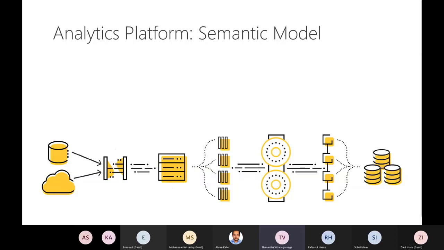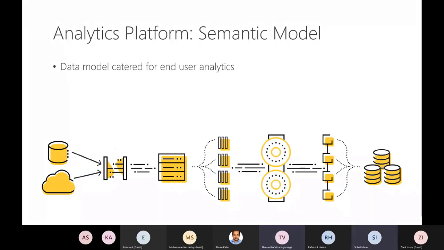Moving into the semantic model of an analytics platform, a semantic model is a data model that is used for analytical purposes, especially catering to the end users. In other words, a semantic model is used by end users to consume data in an analytics platform.